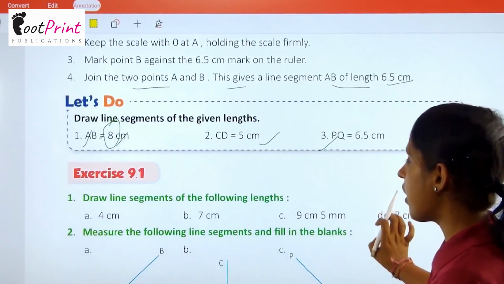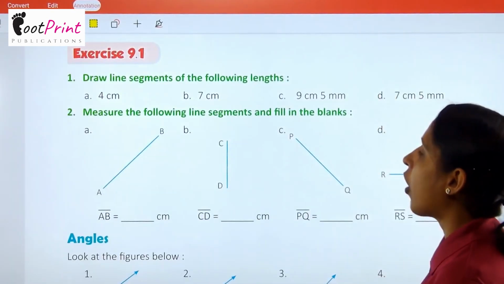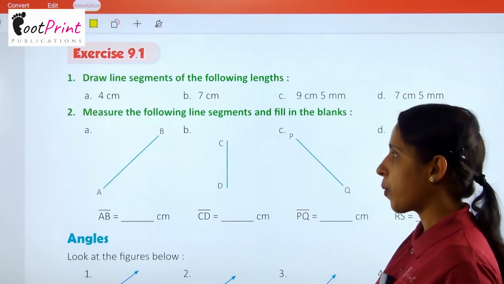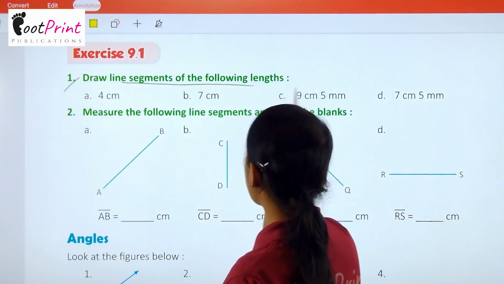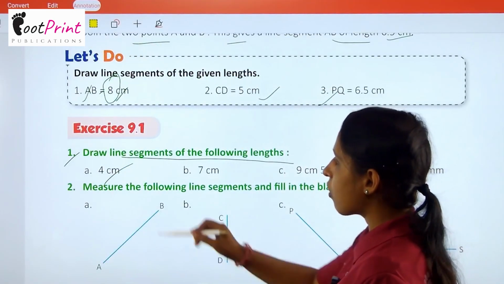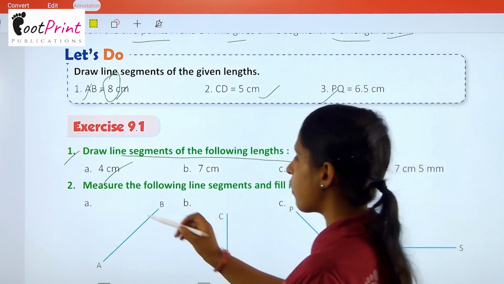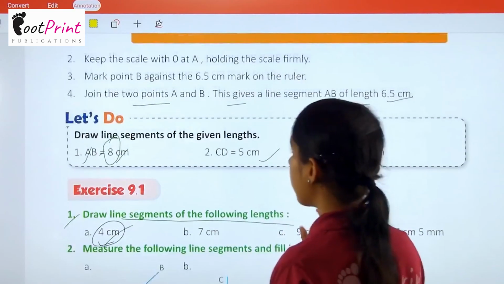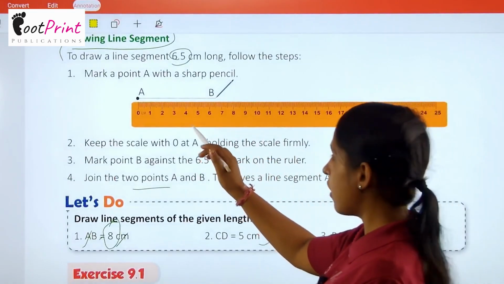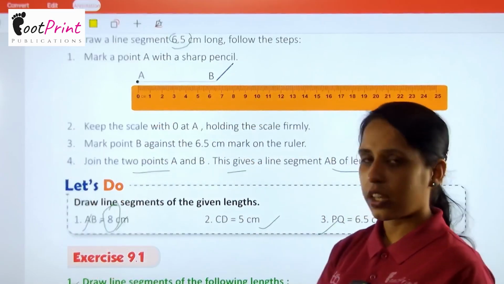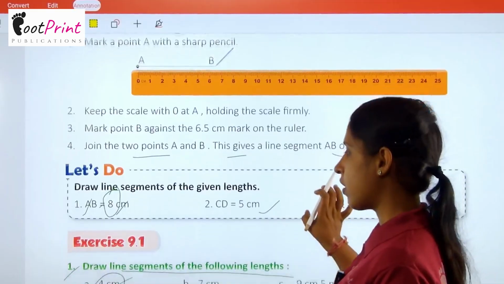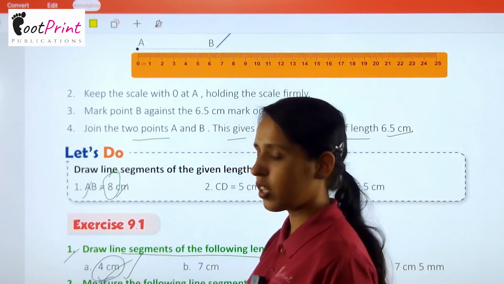Now we will solve our exercise 9.1, that is, draw line segments of the following lengths. So here we draw line segments of the given measurement. The first one is 4 centimeters. So how will we draw? Take a scale. First mark a point. You can give any name you want because no name is given for the line segment.